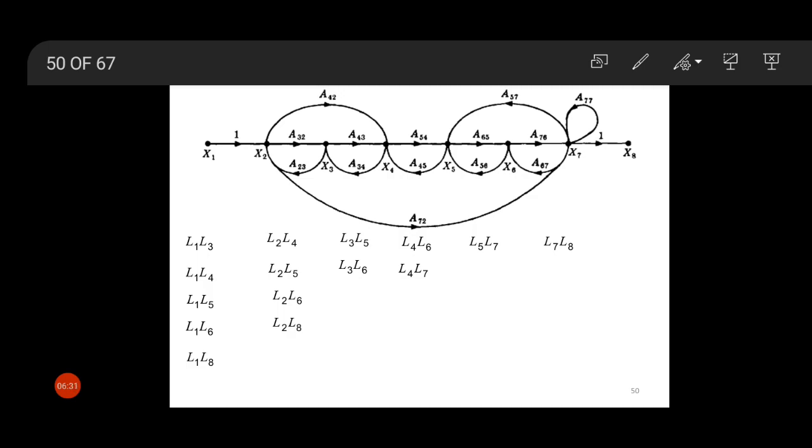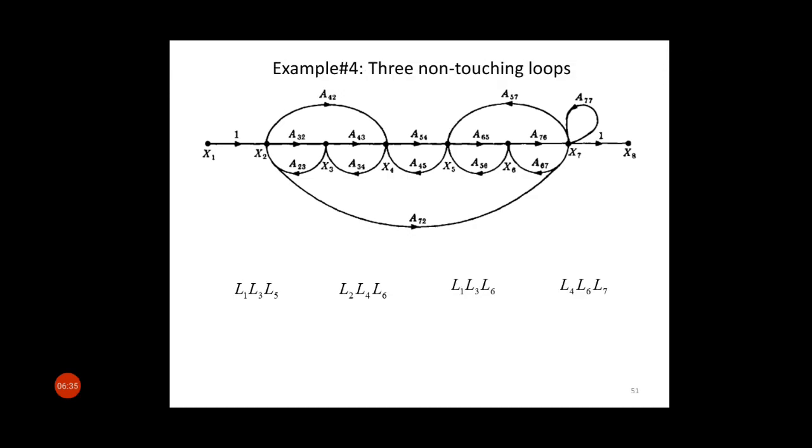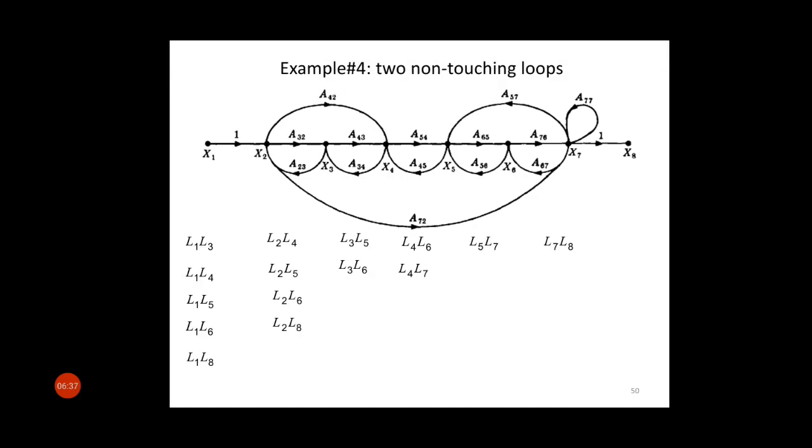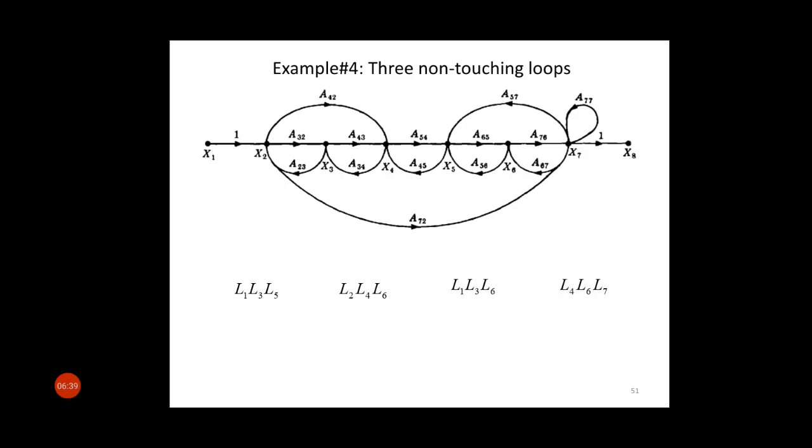Next, check how many three non-touching loops there are. Yes, there are 4 such combinations: L1, L3, L5 are non-touching, then L2, L4, L6, then L1, L3, L6, and L4, L6, L7 are non-touching.